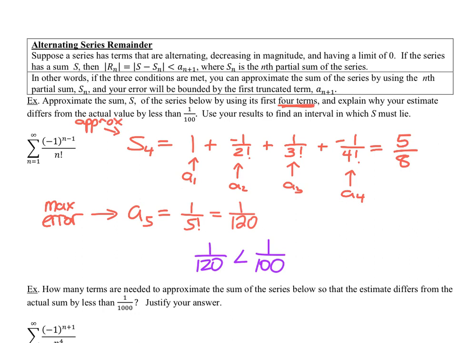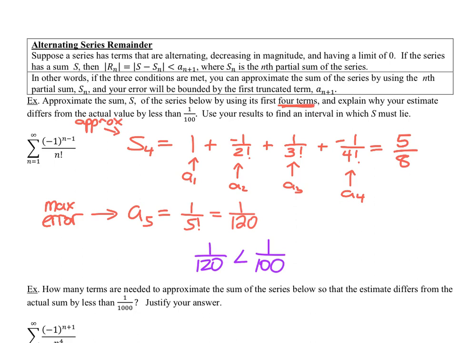If I'm approximating the weight of a car and I'm only off by 0.1 gram, that's pretty solid. Like some prior knowledge must have come into play there. So it all has to do with context, but generally, if you get something less than 1%, you're in pretty good shape.